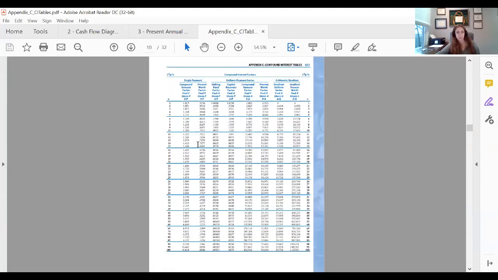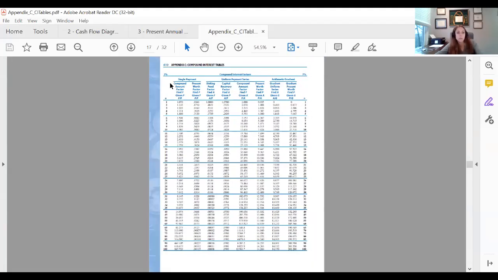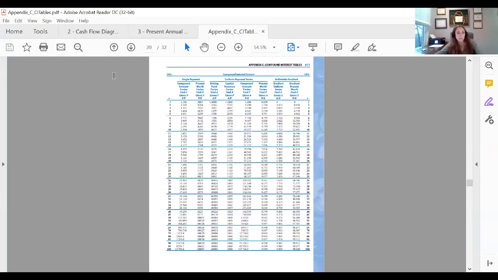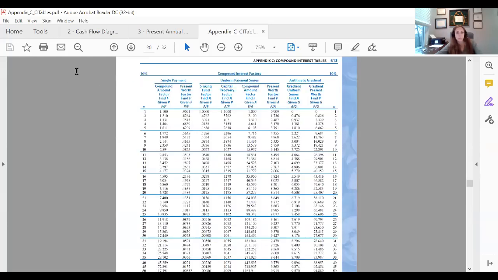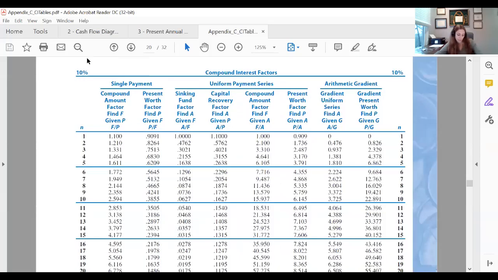So we're gonna scroll, we'll find 10%. So we're on the right page, you see that, 10%? Okay, so then you've got all these different columns. You're going to look at the column F given P, so that's that first column, F given P. And you're going to look at the row 3. So we've got this number right here, 1.331. Does anyone have questions about this table?